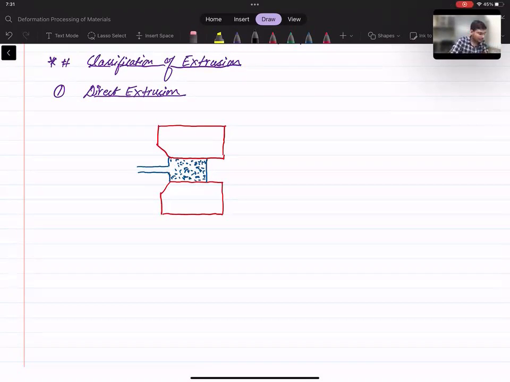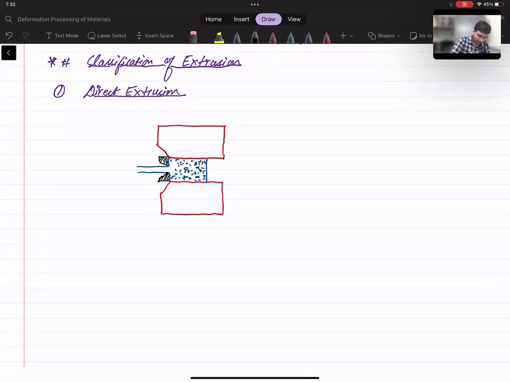Okay. So dies will be like this. Here there will be dies. These are the dies, and to hold these dies, there will be die holders, which will be attached to the container.